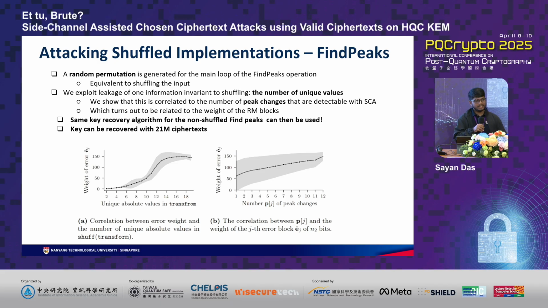We use the same key recovery algorithm that we used previously for the non-shuffled implementation, but many more ciphertexts need to be used. Previously we had 200,000 traces, but for this we required 21 million ciphertexts.